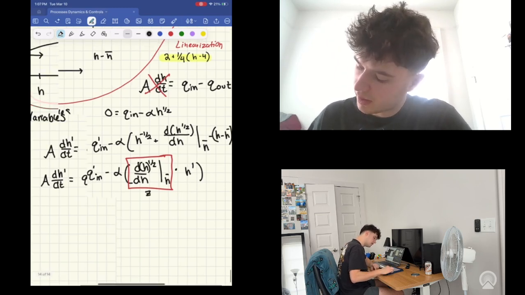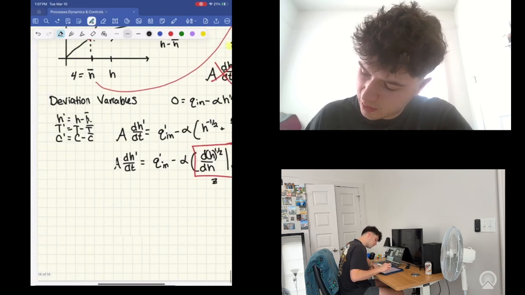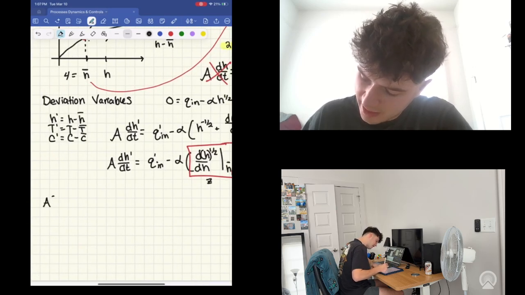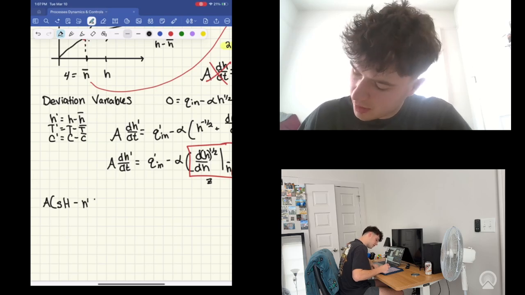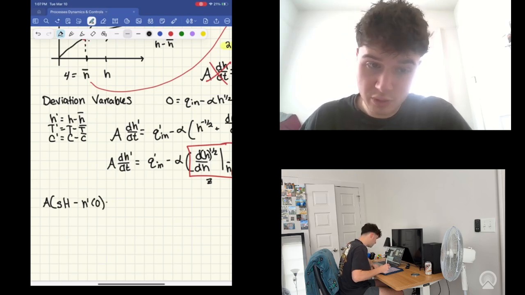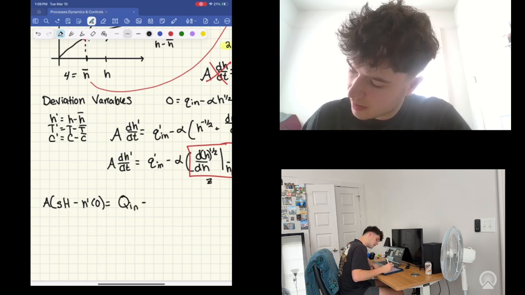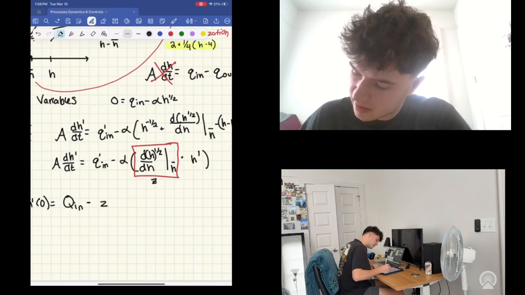So now, using Laplace transform, we will get the equation a times sH minus h prime of 0 is going to be equal to our uppercase Qn minus zH.